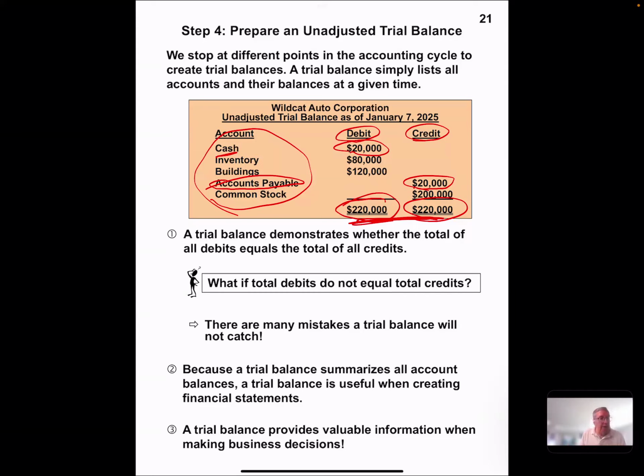Go back, start with your journal entries. Does everything appear okay there? The journal entries appear correct. Look to see, did you do your posting correctly? If it looks like you did your posting correctly, then make sure that you did your T account math correctly. Those are sort of the steps to go through. Okay. So if the balances are resolved, everything's okay. We can keep moving on.